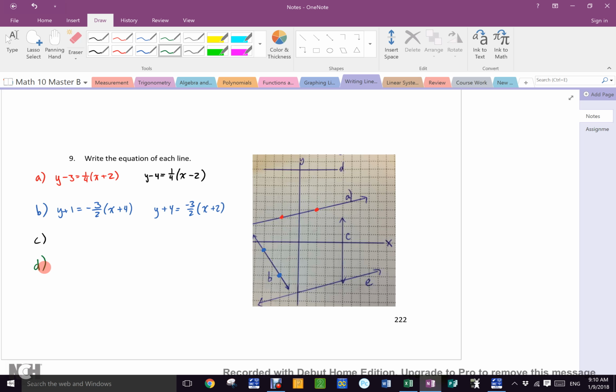It is an undefined slope, so you can't put it in point-slope form or slope-intercept form. Excellent.